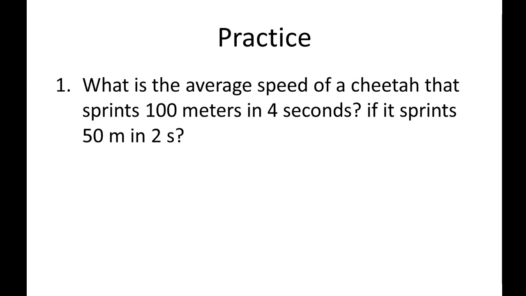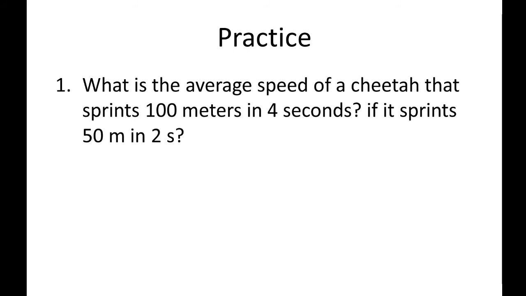So let us practice. Let us now check our understanding and the terms that we have covered. So what is the average speed of a cheetah that sprints 100 meters in 4 seconds? So we are asked of average speed, so the formula is total distance over total time. In this case, total distance is 100 meters divided by 4 seconds. So that will be 25 meters per second.